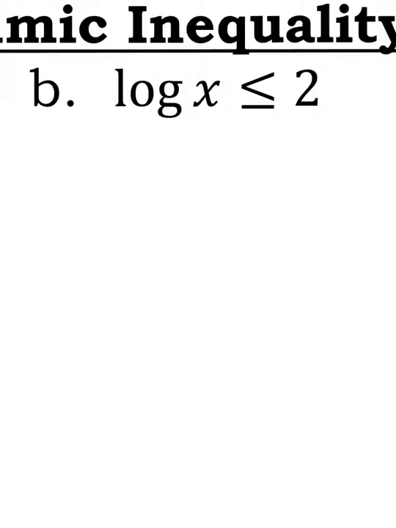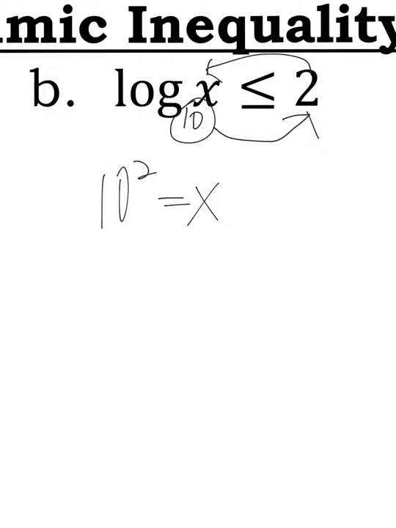So for B, you have log with no base. So remember, that's log base 10. So you're going to take 10, you're going to convert it to an exponential equation. And so normally we'd write 10 squared equals x, but this is an inequality. So first of all, don't write equals because it's an inequality.